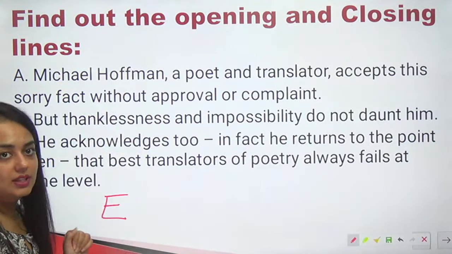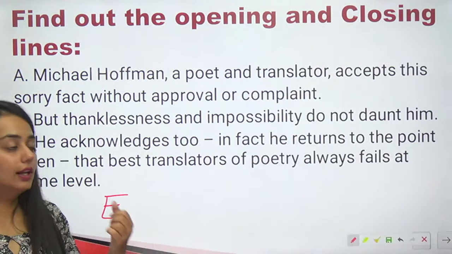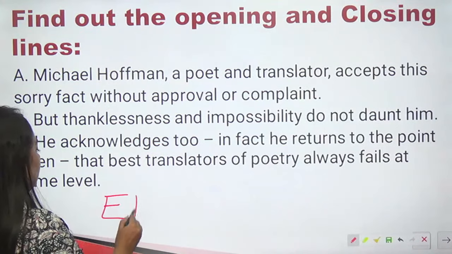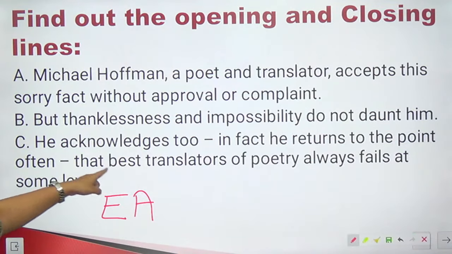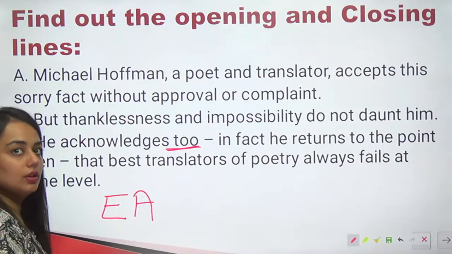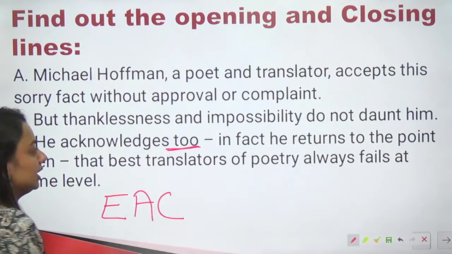So this becomes the second line because it is succeeding the sentence E. So this becomes the next sentence, right? What can it be followed by? Can it be followed by C? He acknowledges too. This word too shows that there is continuation of the idea that has been mentioned in A. So this becomes the next line.